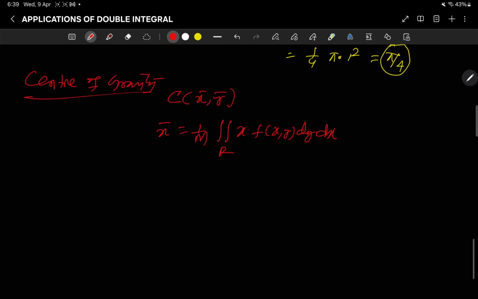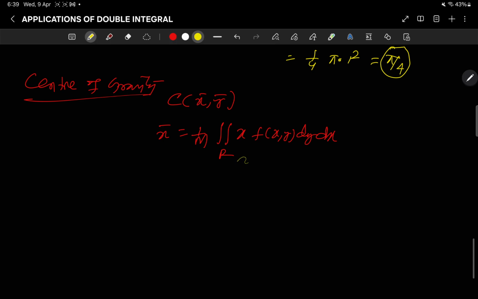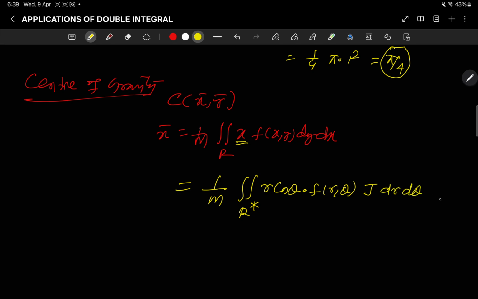Now if we change into the polar coordinate system, we write it as 1 by m double integral, where x is r cos theta into f(r, theta), and the Jacobian J is extra multiplied, dr d theta. Then it becomes easy. Otherwise it is lengthy, and this is the easier approach.